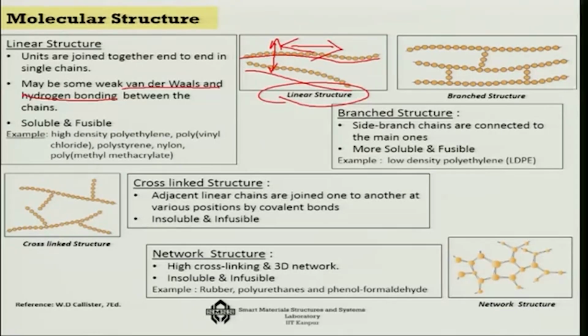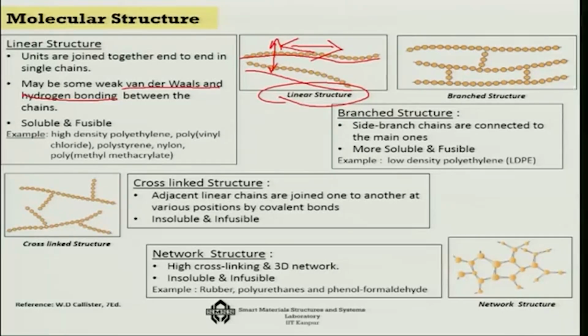So, as a result, they have first of all directionality. In one direction they will be exceptionally strong with high modulus of elasticity. On the other hand, in another direction they will be weaker, and they are soluble, they are fusible because of this kind of structure, and they are green also. You can use them many times.